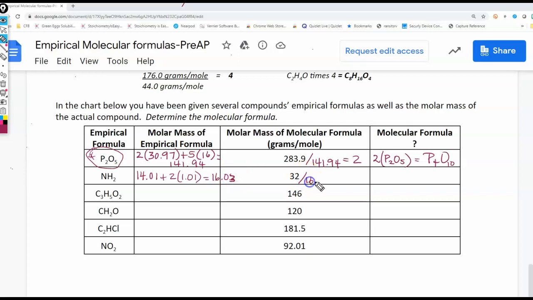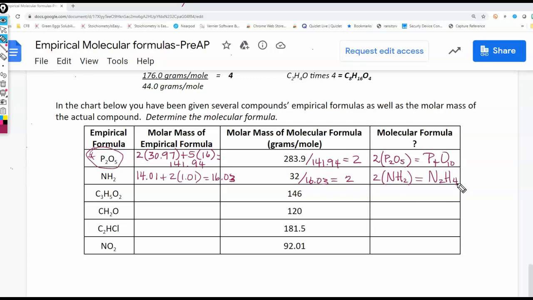And I'm going to divide 32 by 16.03, which gives me approximately 2 again. Now, that number is not always going to be 2, but this time it comes out that way. So 2 times NH2 gives me N2H4 for my molecular formula.